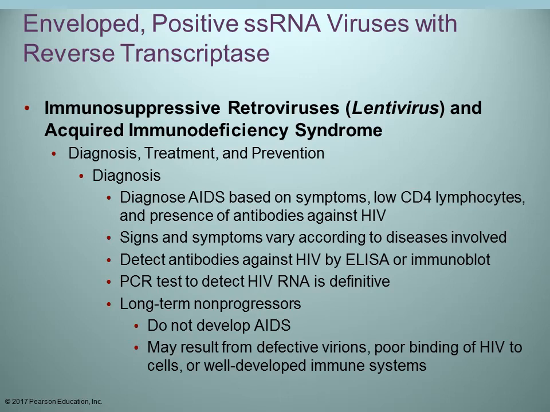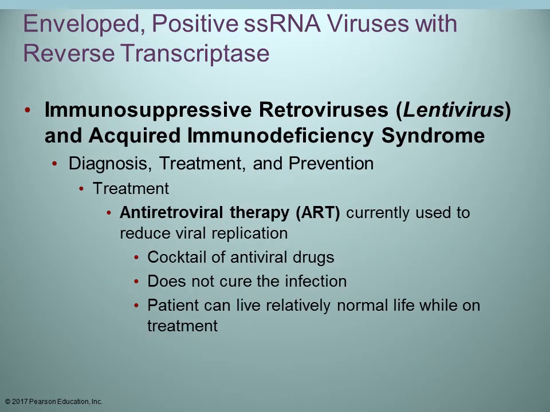So diagnosis is based on the symptoms. It's based on a low CD4 count and the presence of antibodies against HIV. Long-term, they're trying to look at different testing to make testing easier and treatments easier.